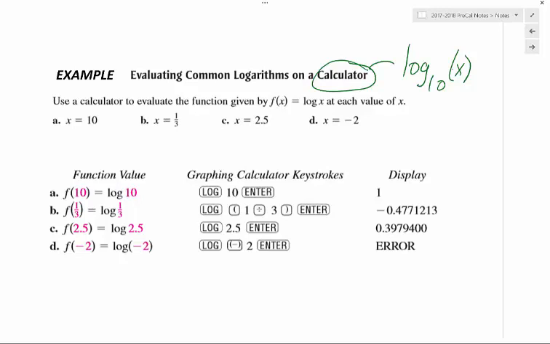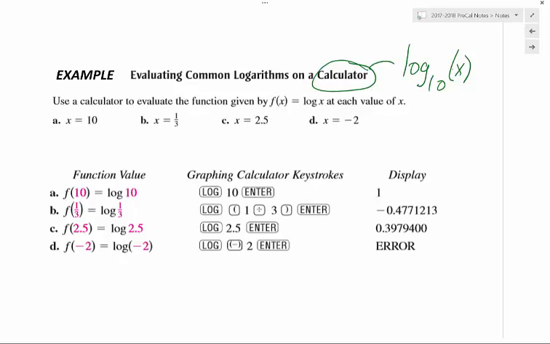So when you press the log button, it's assuming that you're doing log base 10. Not log base 3, not log base 2, not log base 4, not log base anything other than log base 10. But if all you see is log of something, it is automatically understood that you are dealing with log base 10. Okay? So use a calculator to find basically the log of each of these.